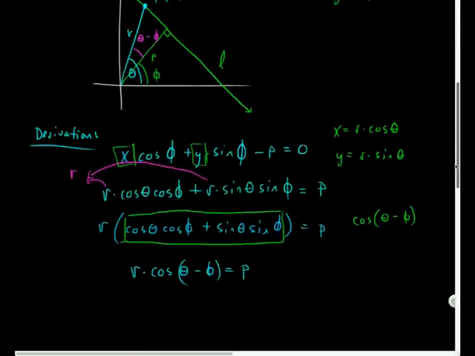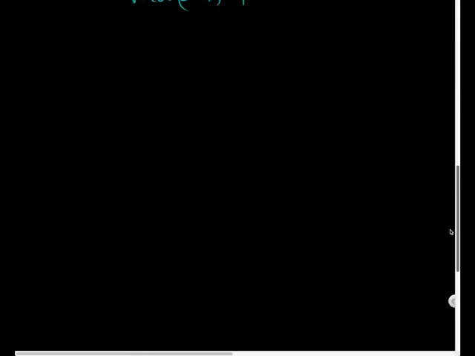So let's jump in and see if we can get some examples in here. Typically, our first type of problem is being able to convert from one form to another. So, write in polar form: suppose I have this equation, 5x plus 12y equals 26.